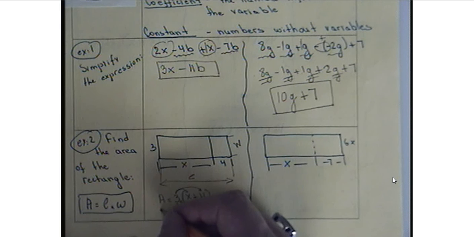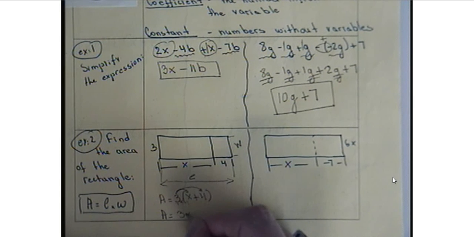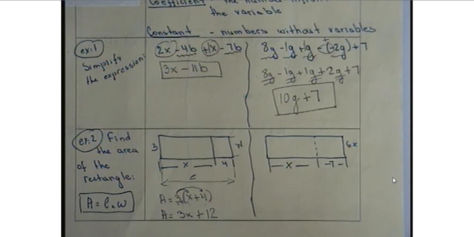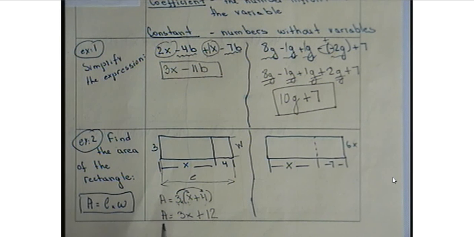So the area here will be equal to 3 times x is 3x, and then 3 times 4 will be plus 12. That will be my final answer. We don't know what x is equal to, so we can't find the exact area, but this is how we simplify the expression in order to calculate the area.